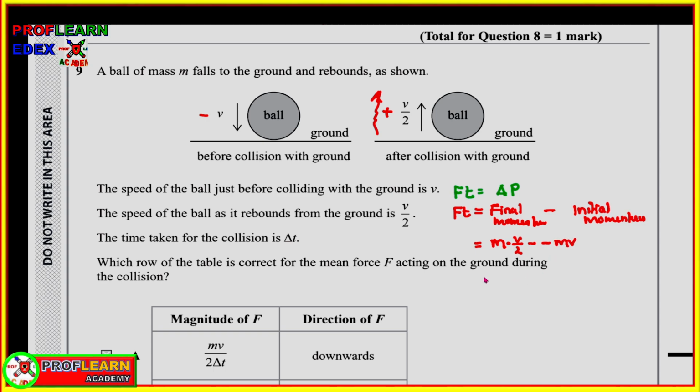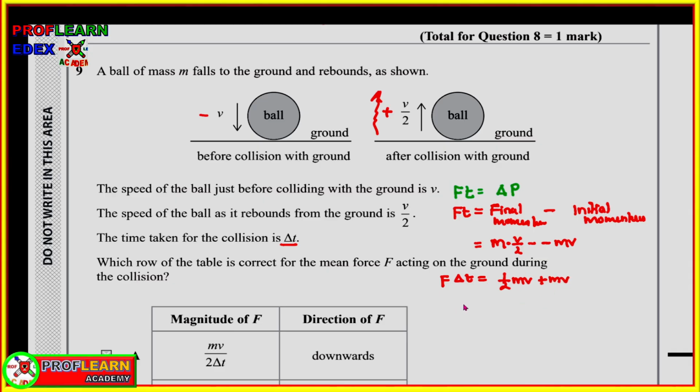And then if you work it out, we are going to have Ft, and in this case our t is the time, which is the change in small t that was given here, which is going to be a half mv plus mv.